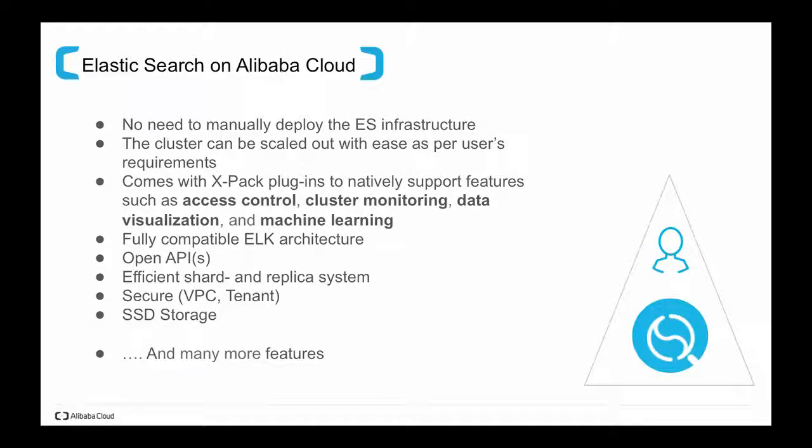These XPack plugins enable functionalities such as access control, cluster monitoring, visualization, and machine learning by default, which is fantastic. Note that this is the default ELK architecture, which means that you can use an outside Logstash or Kibana or any combination of these software or other ecosystem software with this Elasticsearch deployment on Alibaba Cloud.